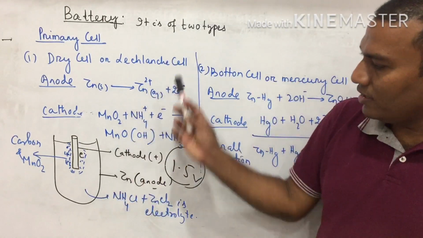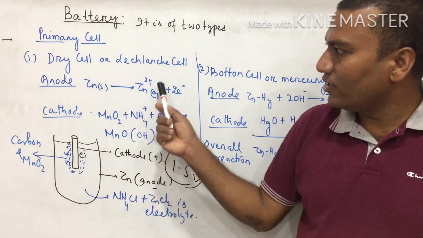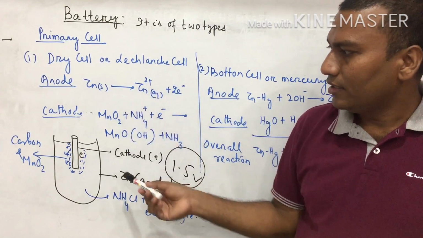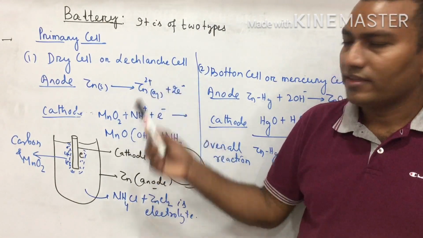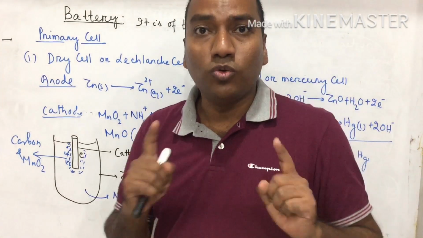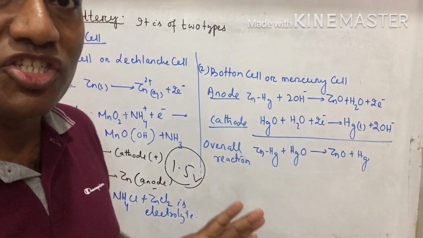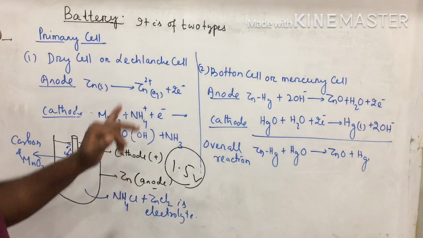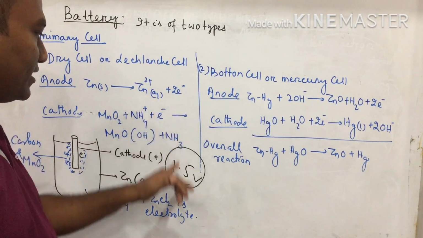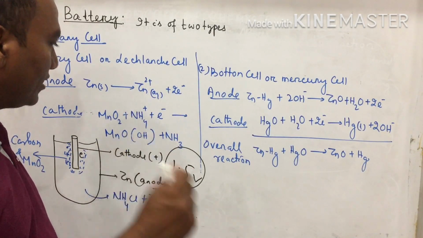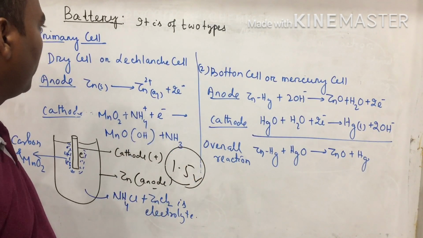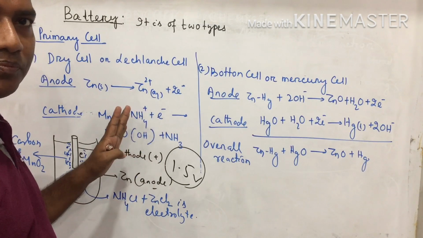Because in the overall cell reaction, the ions are taking part whose concentration may change. So that's why the cell is not rechargeable. And second, even if you use it only once, after some time or a few days the cell becomes dead.